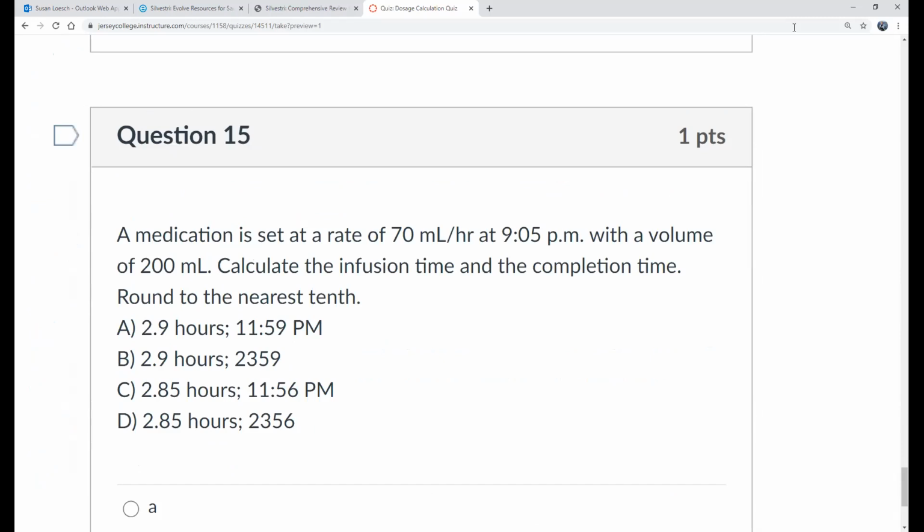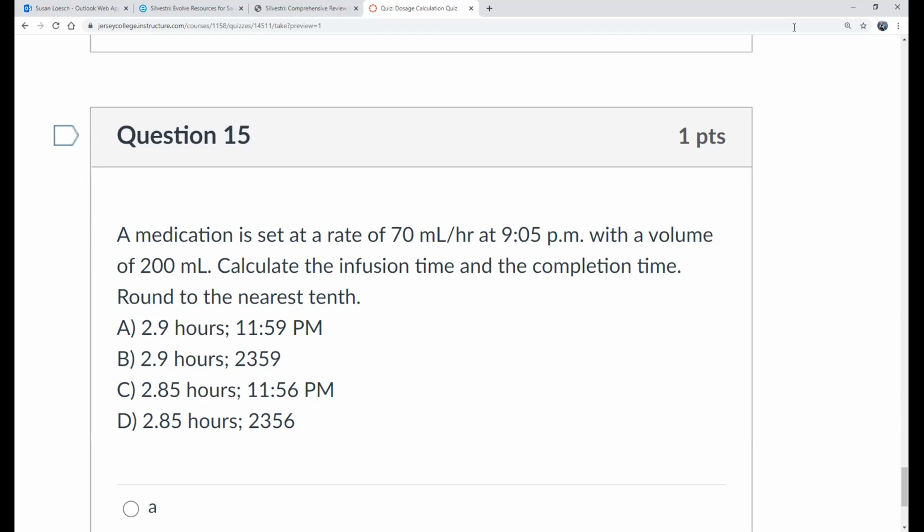Again, what is this asking me? It's asking me to calculate the infusion time and the completion time. Now, I know that it's in regular time because I have 9:05, with a colon, and I have a PM. So that tells me I'm not in military time.